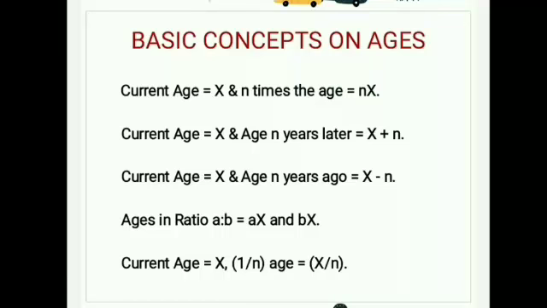Remember this. Whenever you solve problems on ages, you will get an idea of what they asked and what you have to solve. Now, let's go for the first problem.